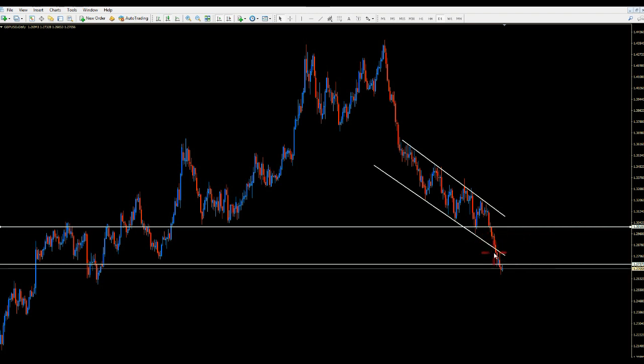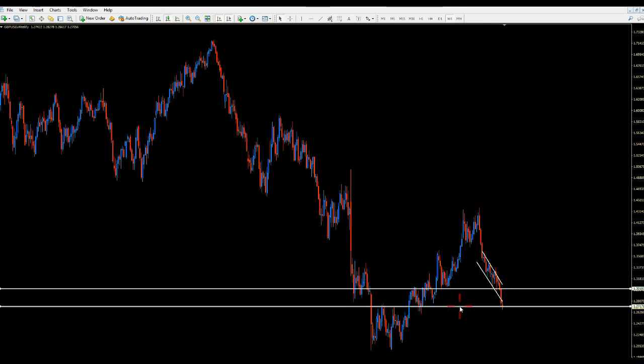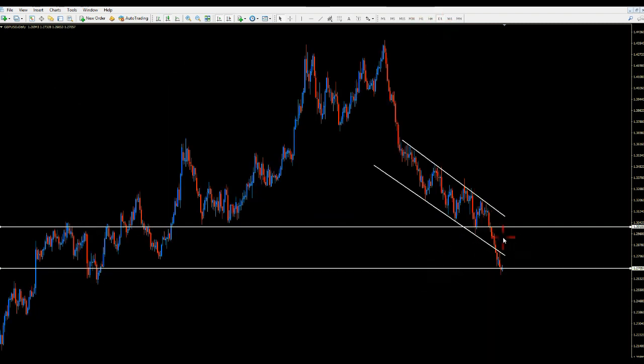And then you see the next breakout did happen below the line. It reached even lower, and you can see that this was a support on the weekly charts, which still seems to be, if we adjust our line here, it's still at the support now. So we have to wait and see what happens.